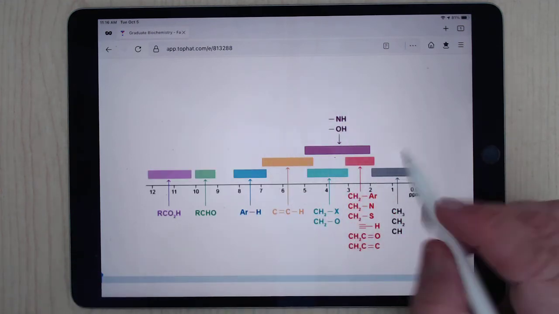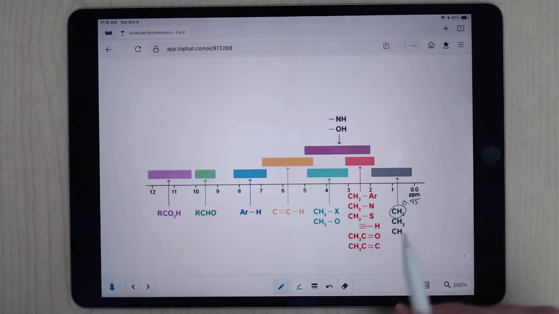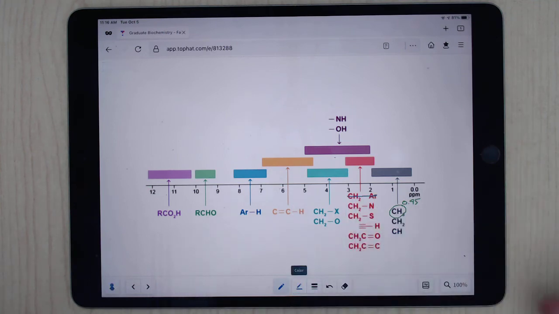So we have 0.95, which is probably just going to be an alkyl. The problem is going to be the ones that are in the 2 range. It can't be the benzene, because not only do we not have enough DOUs, but we also just don't have enough carbons. We don't have any nitrogens, we don't have any sulfurs, and we don't have enough DOUs to be an alkyne.